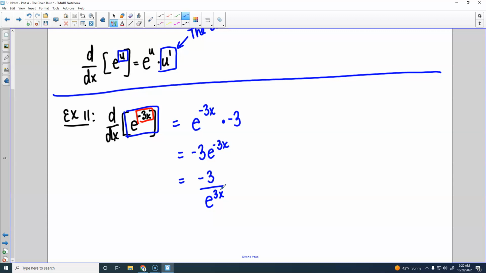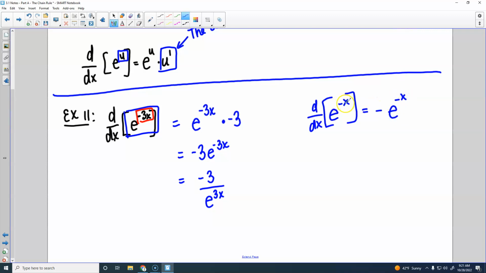E's should be very simple for us to deal with. The problem with e's is that it's so subtle sometimes that we forget to do chain rule with it. For example, if we have e to the negative x, what is the derivative of e to the negative x? It's negative e to the negative x.